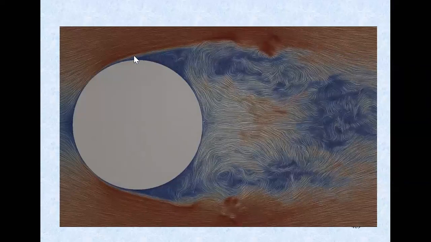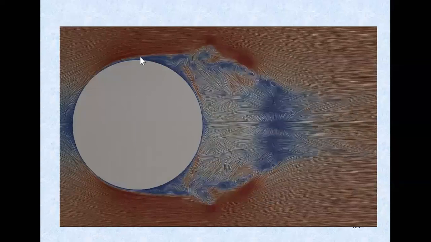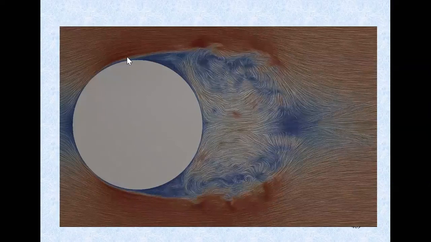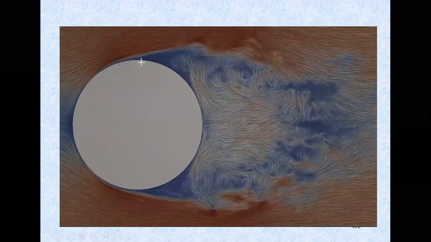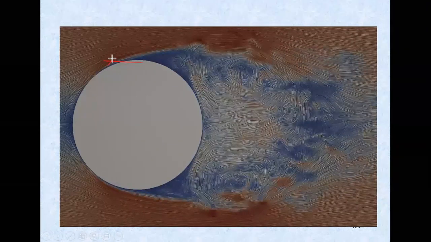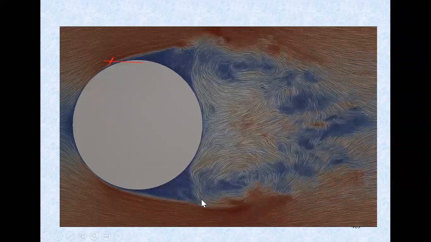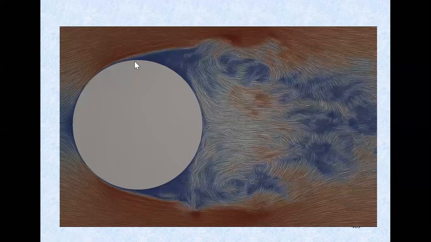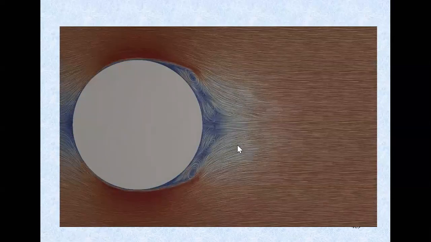So you see at this point over here, you still have attachment until this point, and if the Reynolds number increases, for example, by increasing velocity, you will see the separation moving earlier from this point to the front of the sphere, and you have the wake region increasing on the back of it.